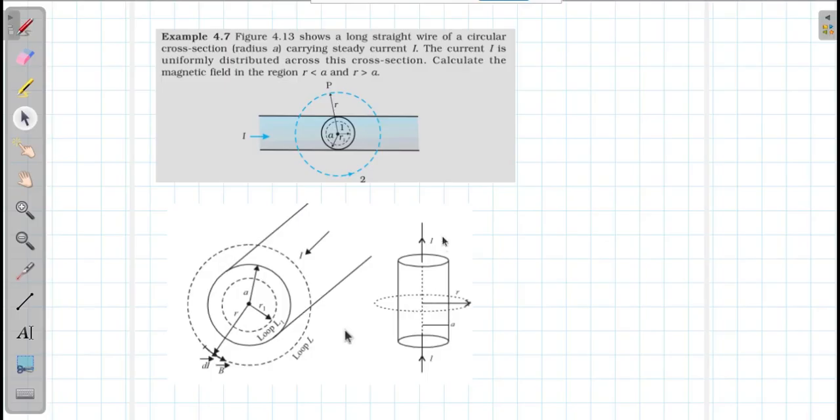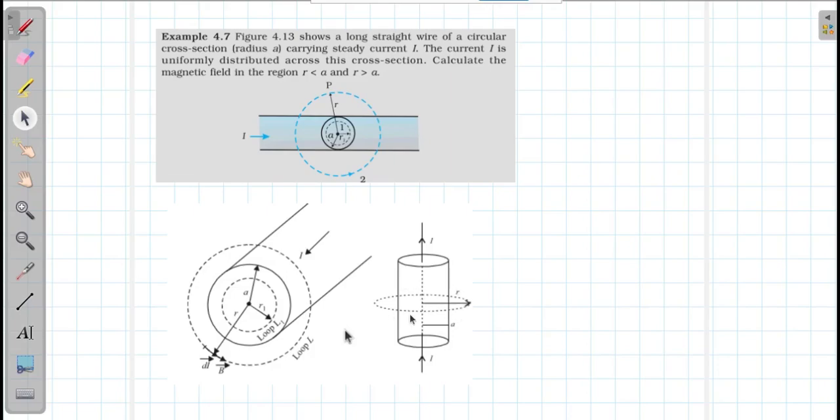We have a cylindrical cross section, area of cross section. Along the axis, the current has a different value. As we go away from the axis till the surface, the current keeps on increasing. At the surface we get the maximum current value.